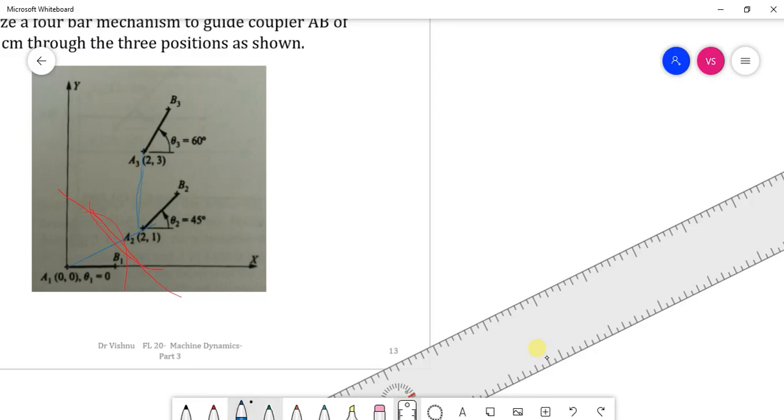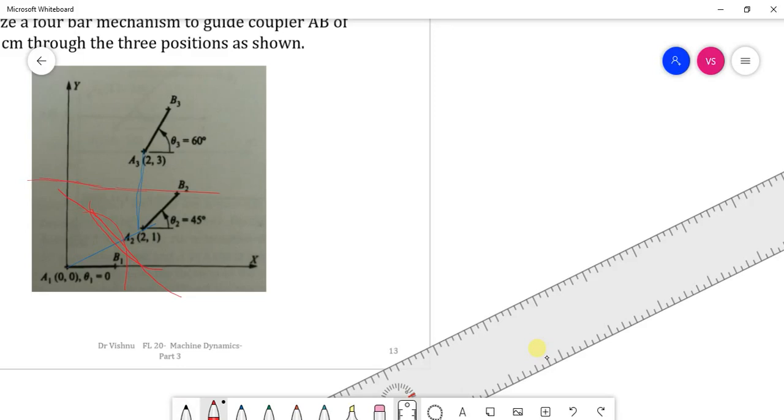Since this line is vertical, you don't need to do this procedure, because the perpendicular line to a vertical line will be a horizontal line. So at the middle of this line, you can mark a line. So this line is between A2, A3.